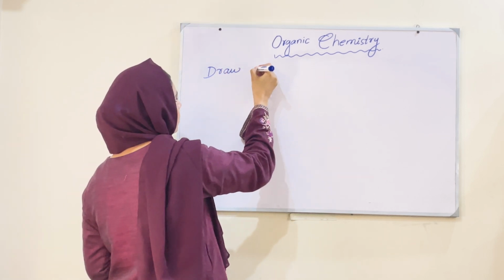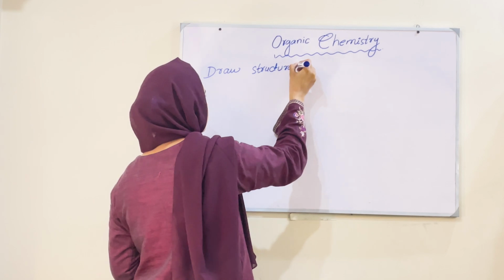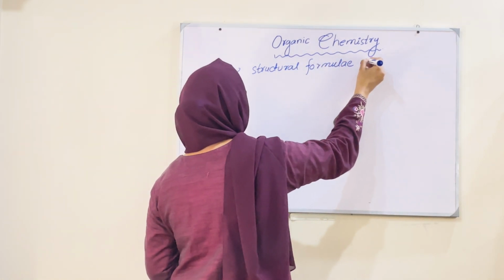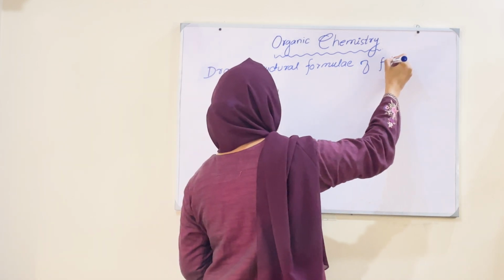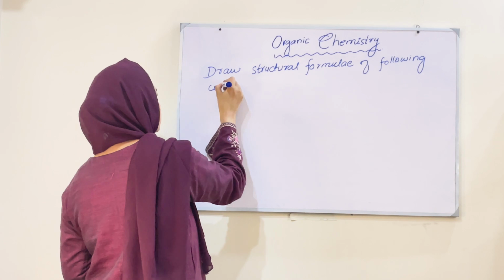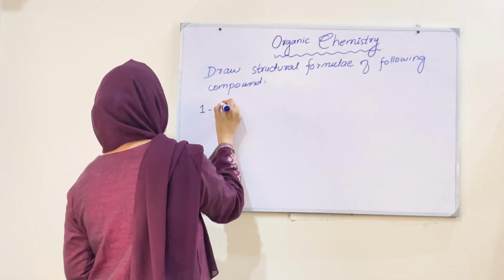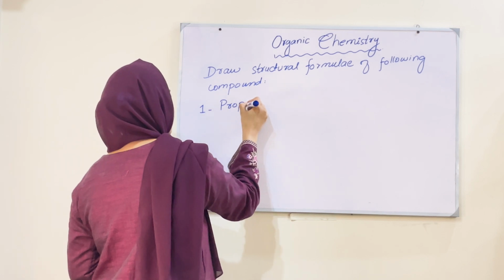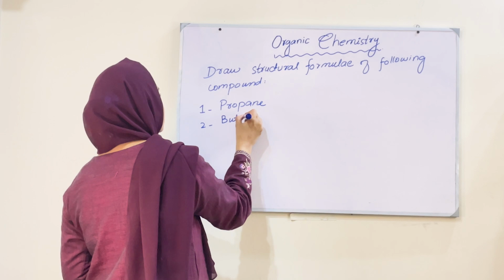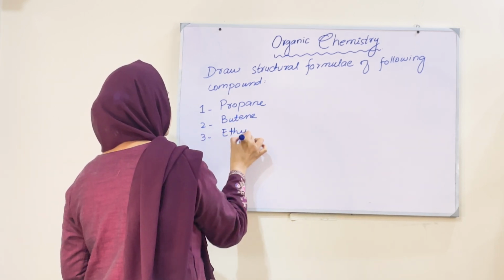Draw the structural formula of the following compounds. Number 1, propane. Number 2, butene. Number 3, ethane.